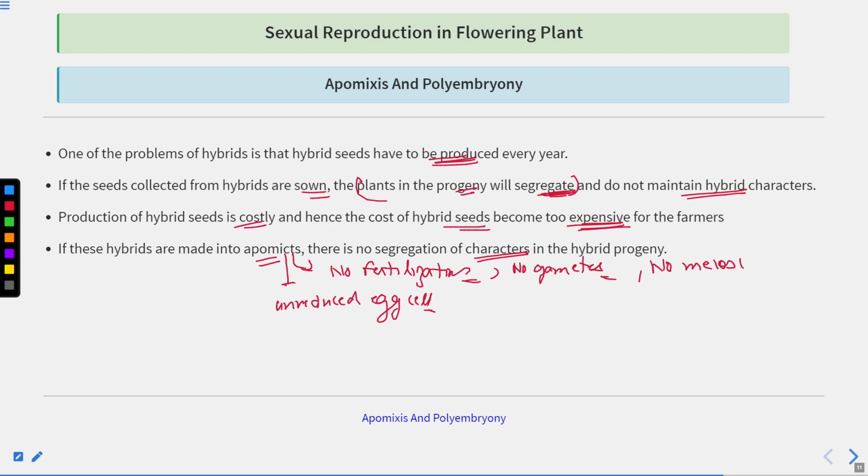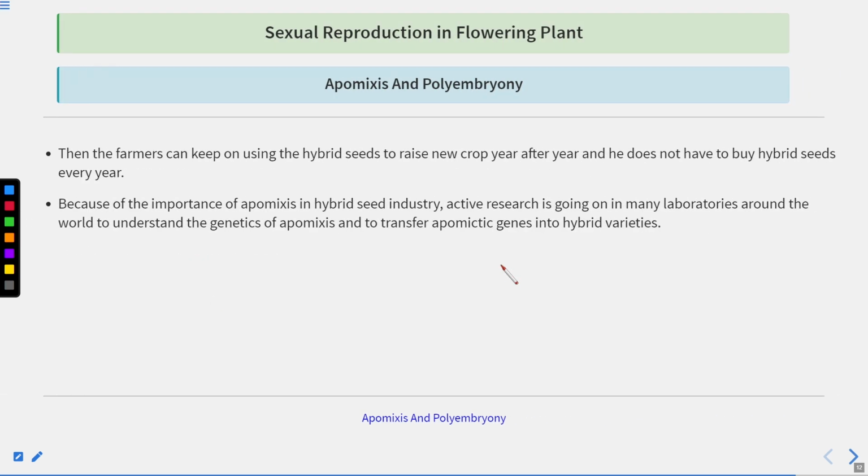So if these hybrids are made into apomicts, then there will be no segregation of the characters in the hybrid progeny, and the progeny produced will be similar to the parent. So the hybrid or the desired character will be maintained in the hybrid from one generation after another generation, if we produce hybrids in the apomicts. Clear?